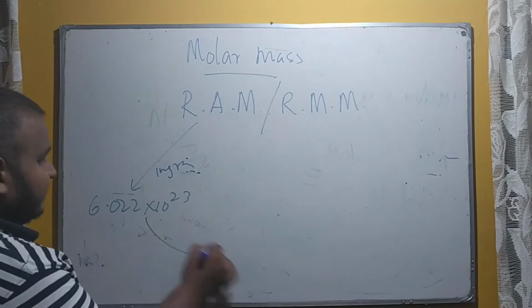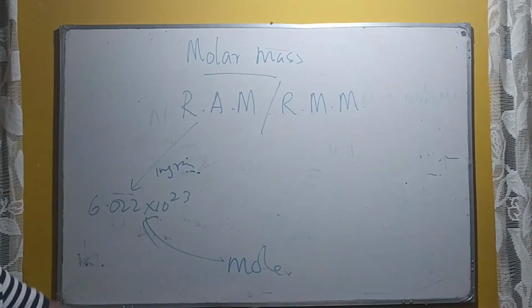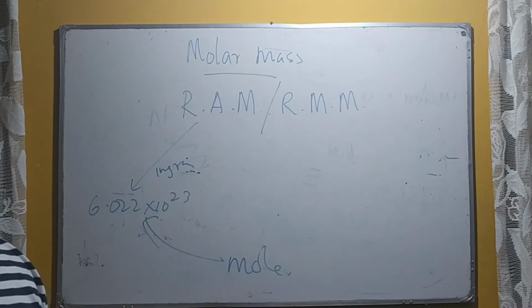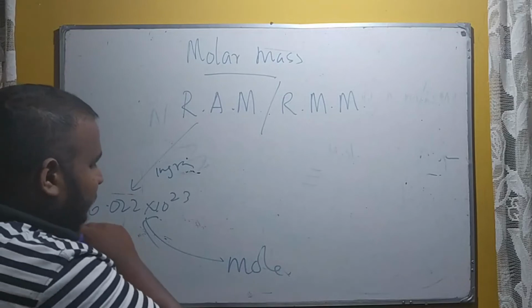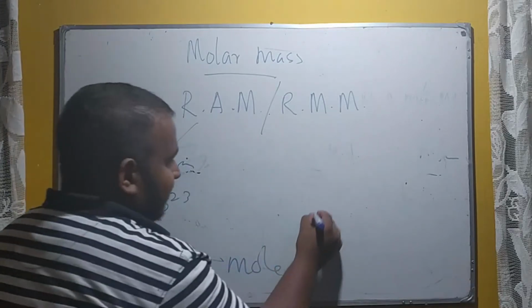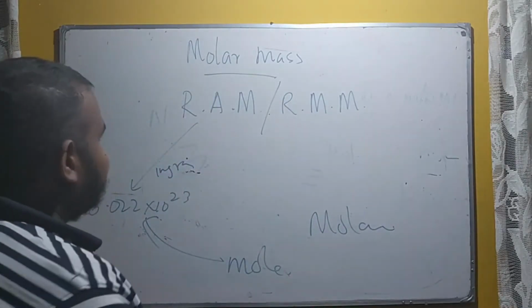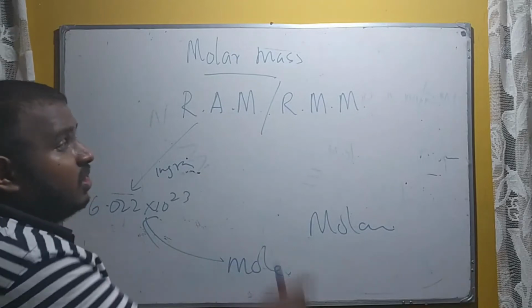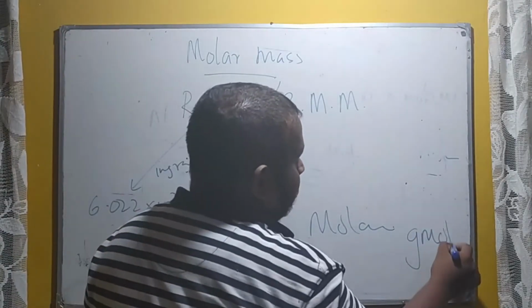Now I said this is what we call a mole. And finally, I am coming to the portion molar mass. This is the mass of a mole of a substance. That is the relative atomic mass or molecular mass, but the unit should be gram mole minus 1.